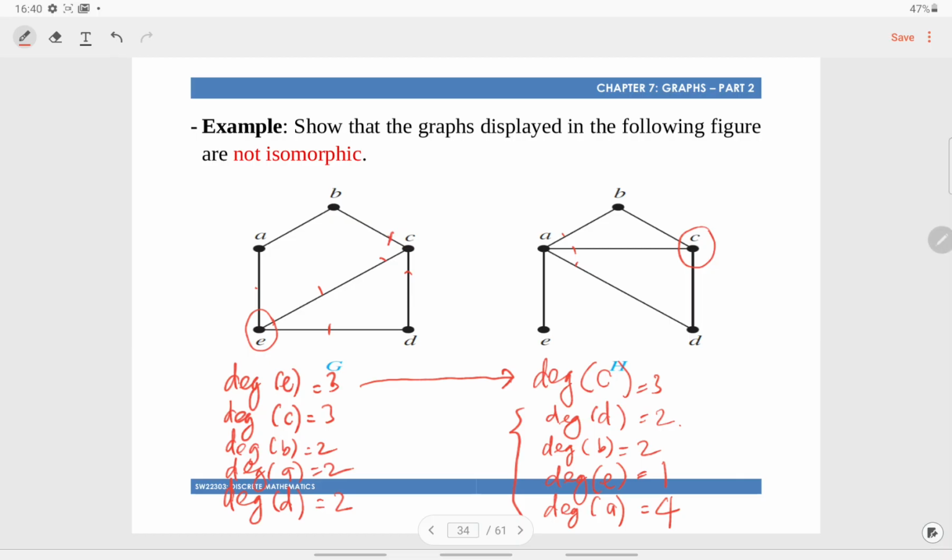If we map C to D, their degrees must be invariant or equal. But this time, degree 3, we cannot map to any other vertex because only a single entry in H has degree equal to 3. Then we can conclude that the given graphs are non-isomorphic.